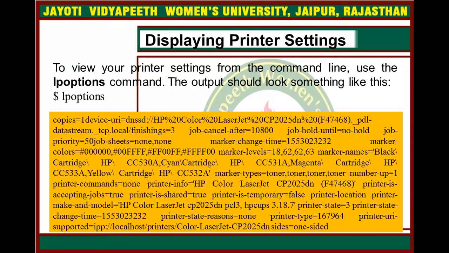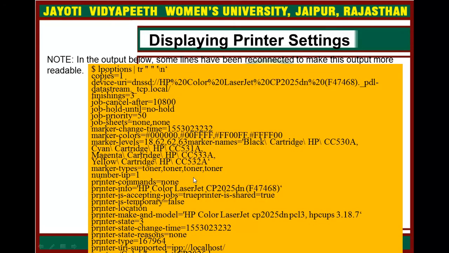Now come to displaying printer settings. To view your printer settings from the command line, use the lpoptions command. The output should look something like this if you type on the command prompt the $ sign and lpoptions. So you can see on the screen, it looks like this.